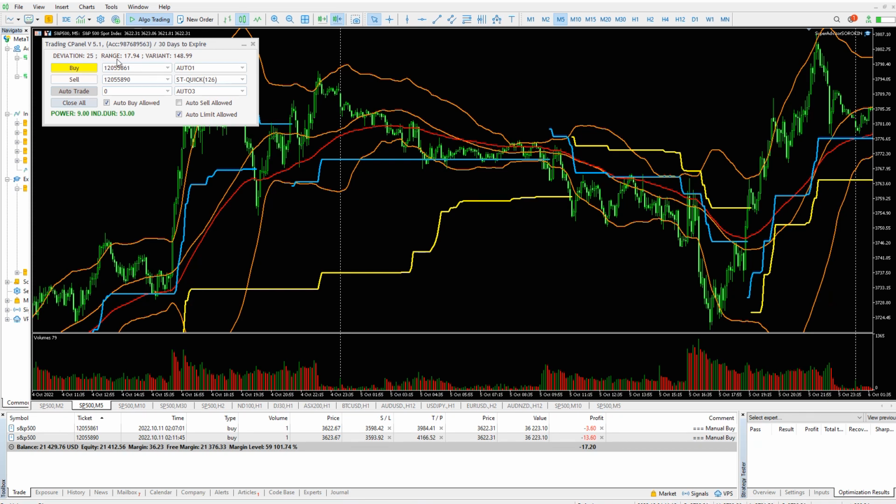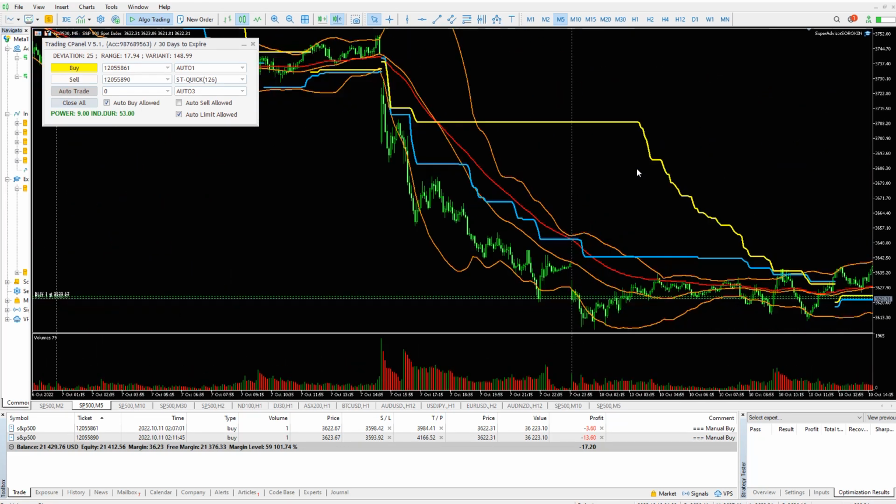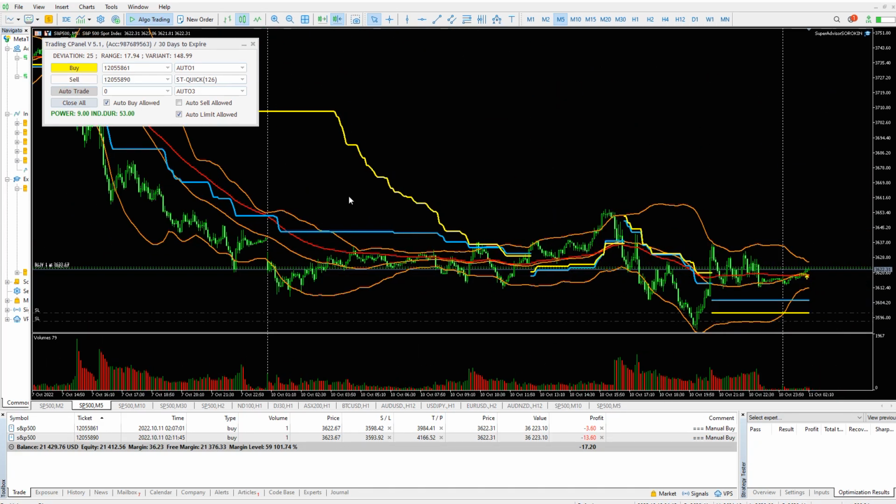Also parameters. Here maybe it's interesting what the information parameters really are. The system is analyzing parameters, but at the same time you can analyze as well. The deviation means the deviation between the current price and the median line.